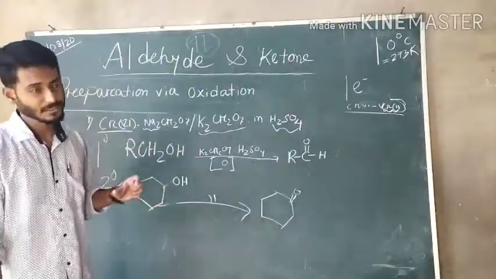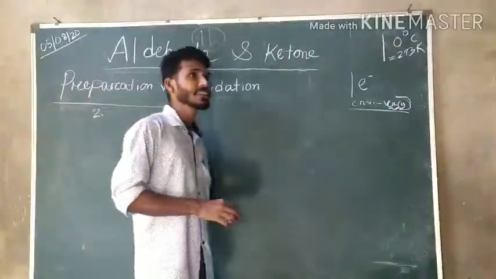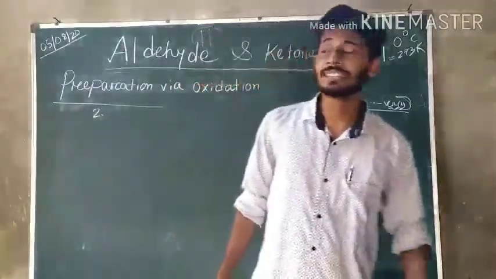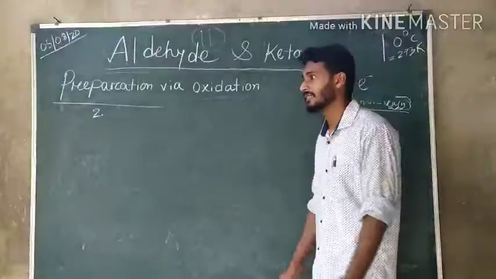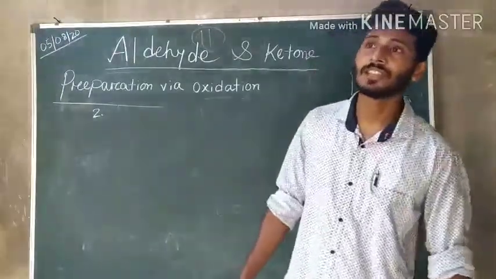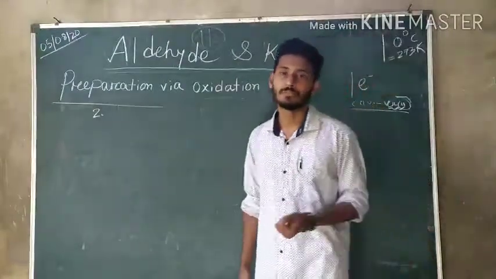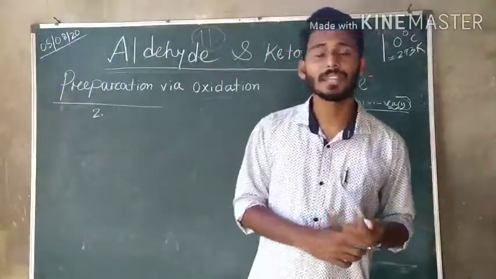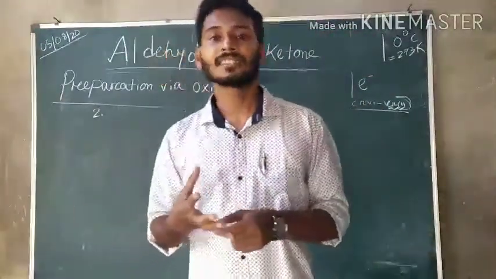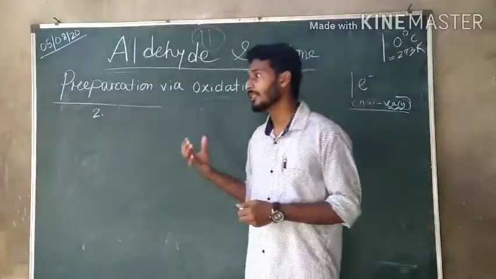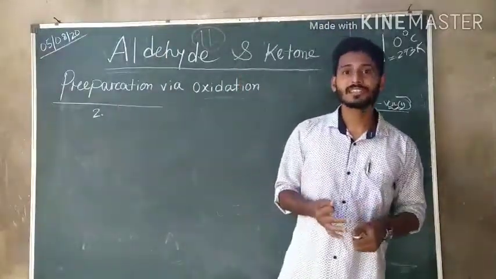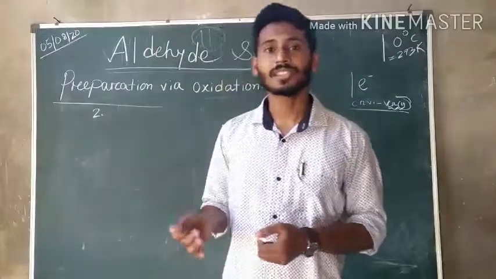It's very easy. There are many reagents in the organic chemistry literature which are used to get aldehydes and ketones from primary and secondary alcohols, on which oxidation is done.